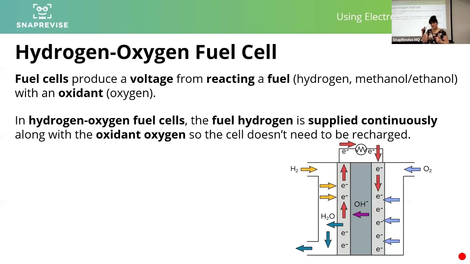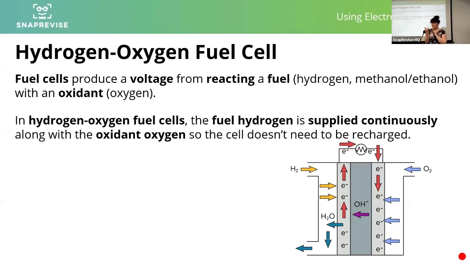I'm just going to highlight this as an advantage of fuel cells over what one would consider to be a normal cell, so a little replaceable battery cell, because if you have got enough fuel, you can continue to supply the fuel, then the cell can go forever.